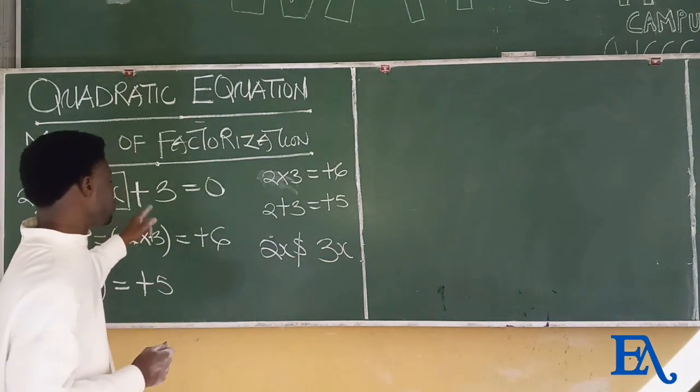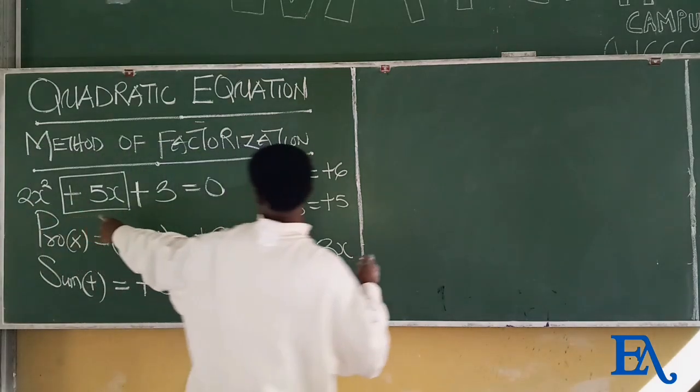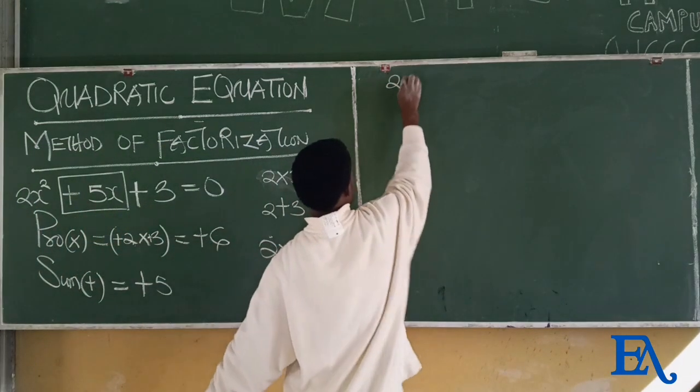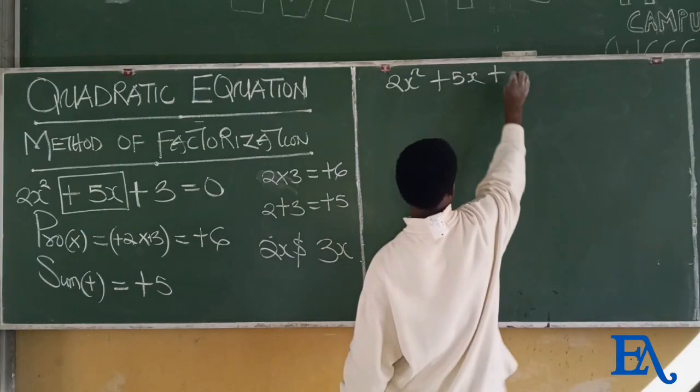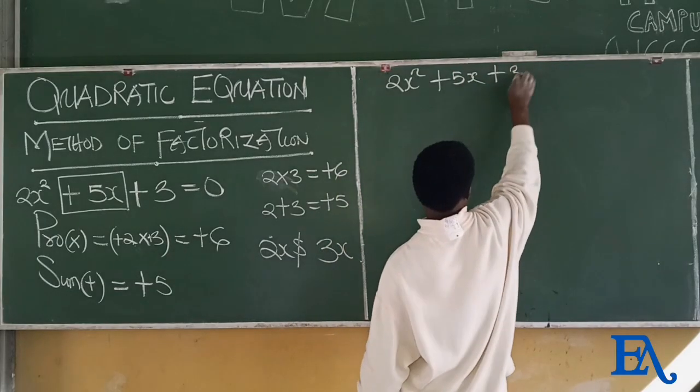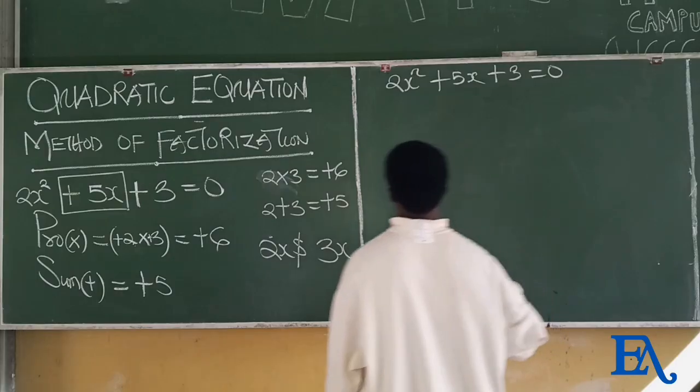Therefore, by substituting, from the original equation we have 2x squared plus 5x plus 3 equals 0.